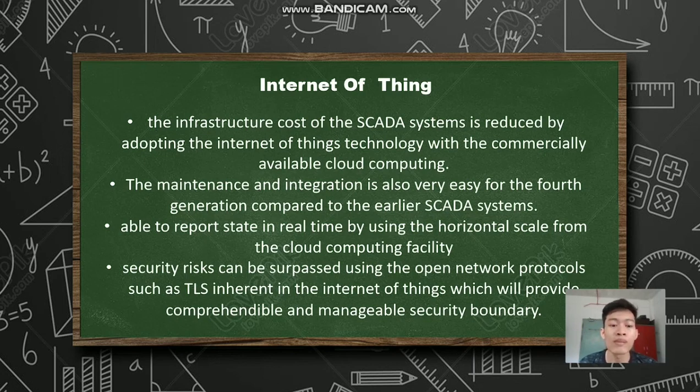The Internet of Things is also able to report state in real time by using the horizontal scale from the cloud computing facility. And the security risk can be suppressed using open network protocols, such as TLS, inherent in the Internet of Things, which provides a comprehensible and manageable security boundary.